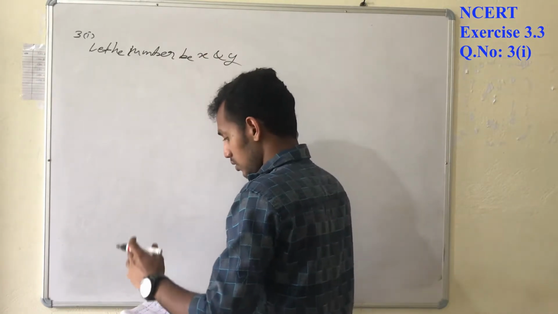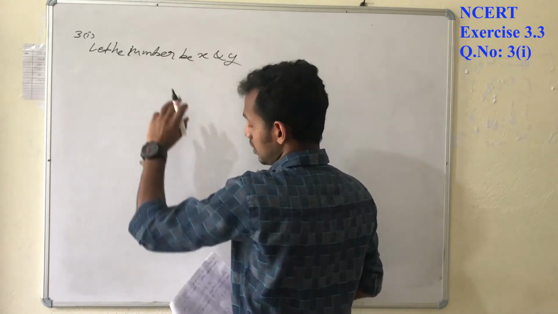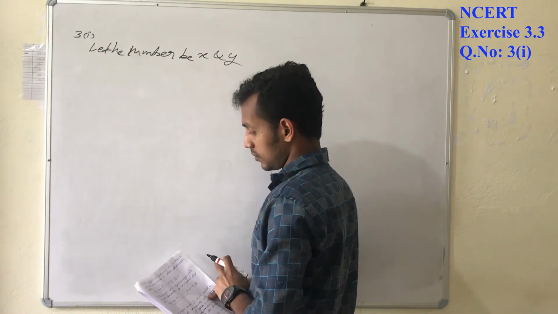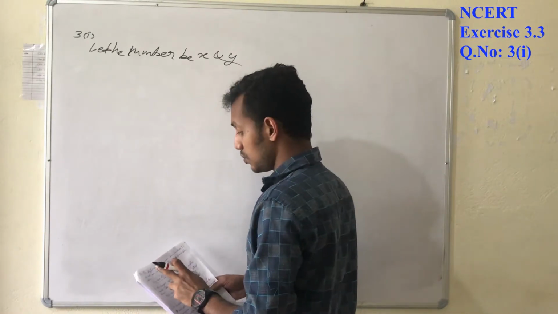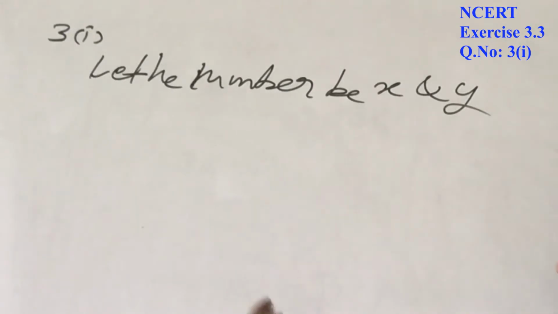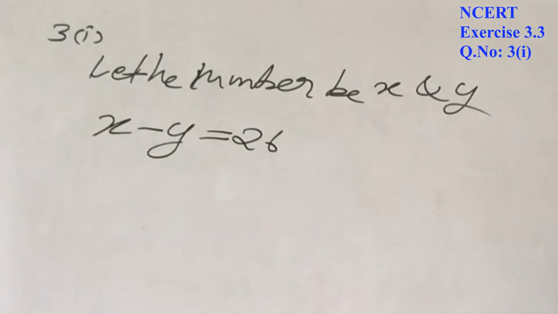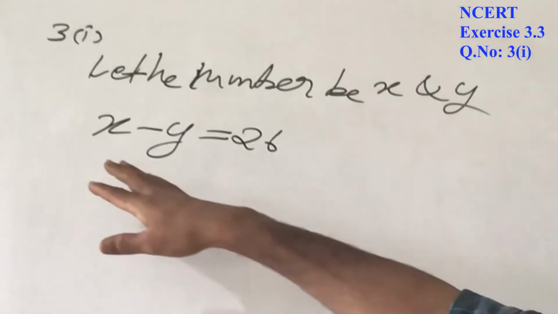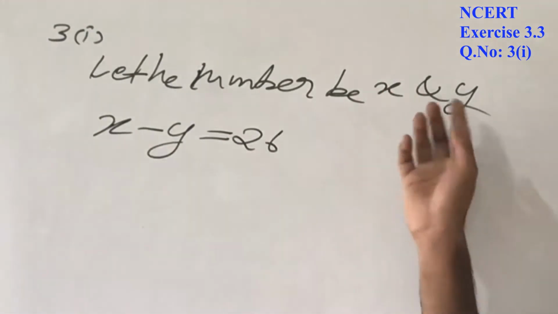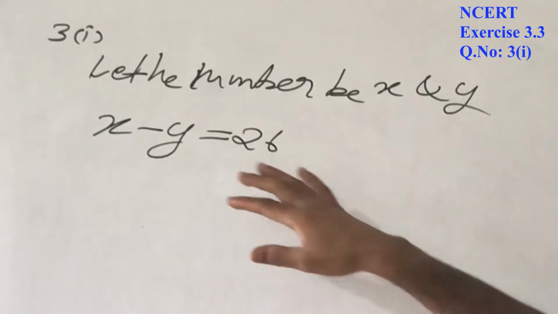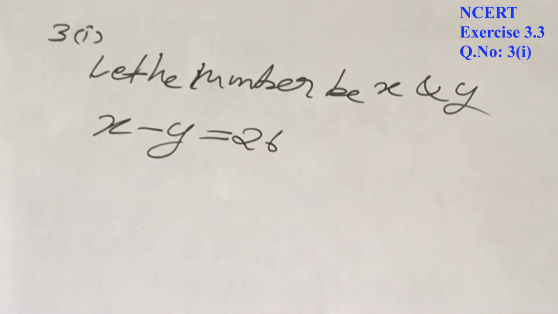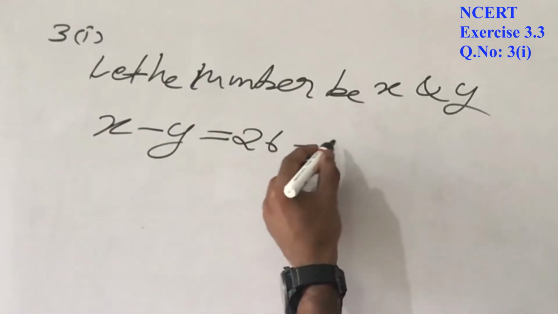The difference between the two numbers is 26. That means x minus y is equal to 26. Here we are considering x is greater than y. x is the greater number and y is the smaller number. That's why the difference of these two numbers is 26. So this is equation number 1.